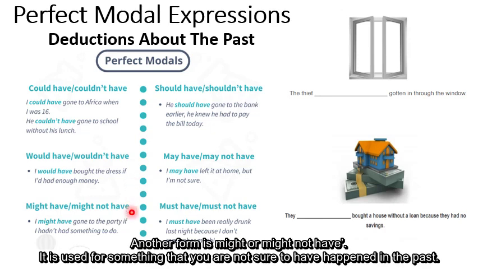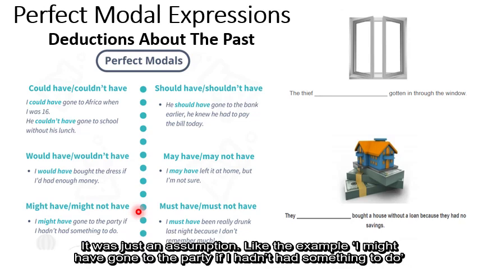Another form is might or might not have. It is used for something that you are not sure happened in the past. It was just an assumption, like in the example, I might have gone to the party if I hadn't had something to do.